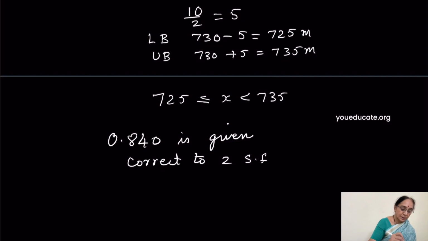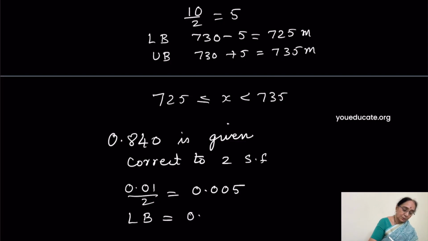You can see there are 2 significant figures here. So how do I get the upper bound and lower bound for this? You take this as 0.01 and divide by 2, so that you get 0.005. You get 3 digits after the decimal point here.